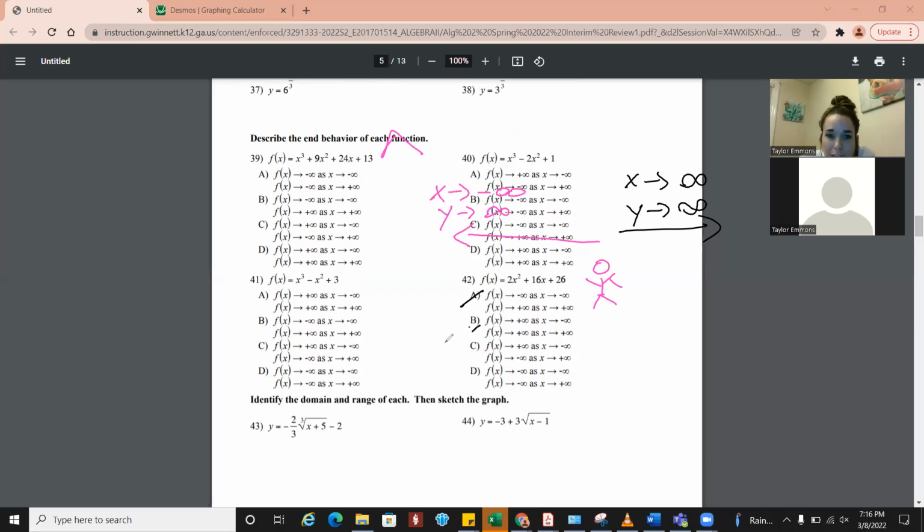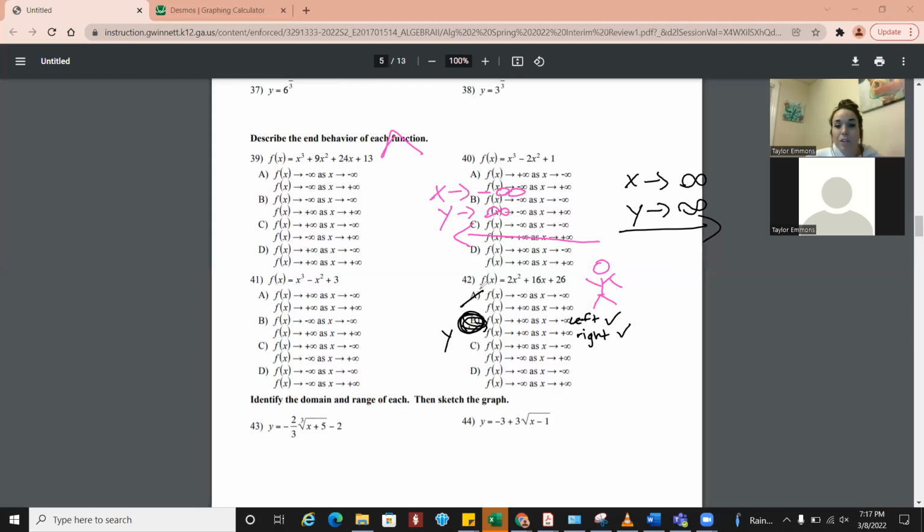Remember, f of x is y. It's the same thing as y. So as x is going to the left, that's what it's saying right here, your y's are approaching positive infinity. Yes, that's true. So let's check the other side. As x is approaching positive infinity, so as we're going to the right, what's happening to your y values? They're going to positive infinity. So it is B.